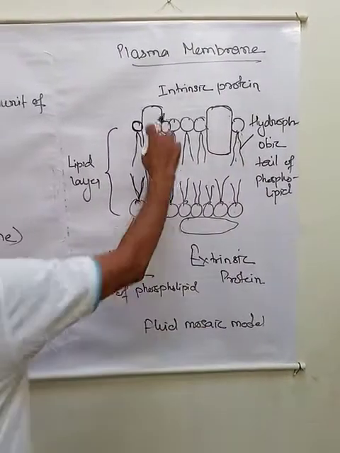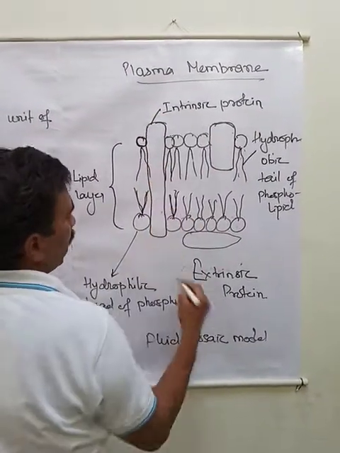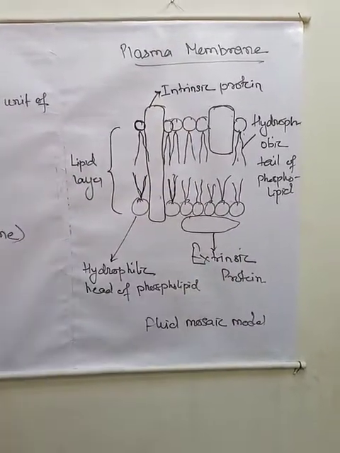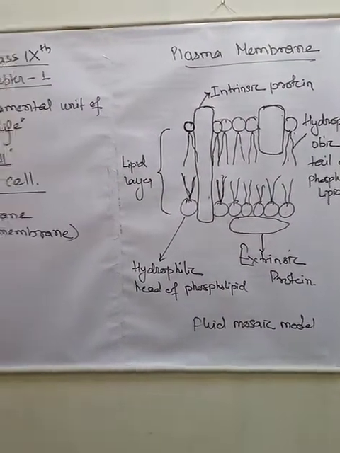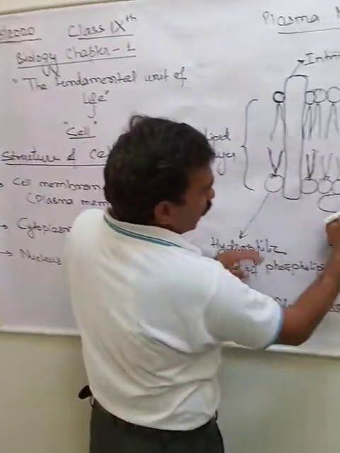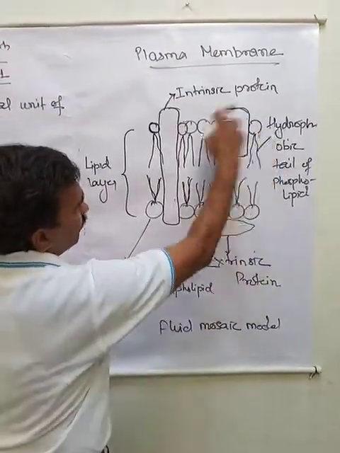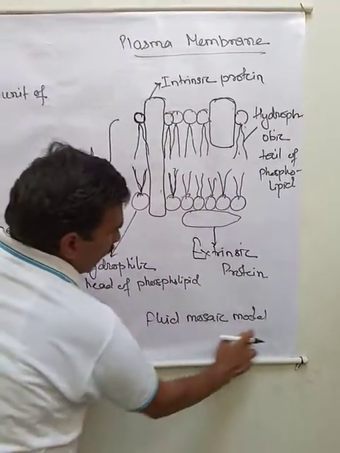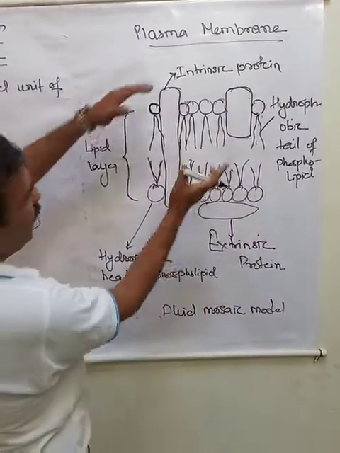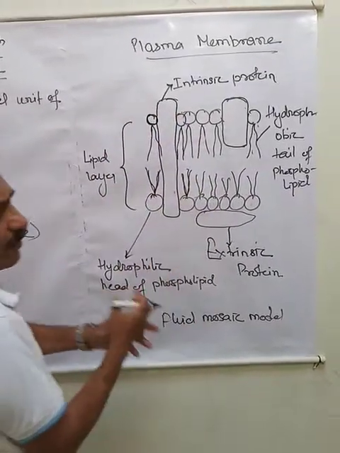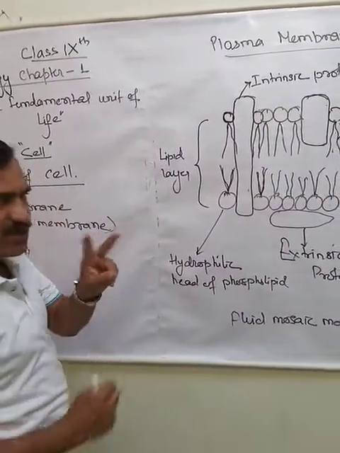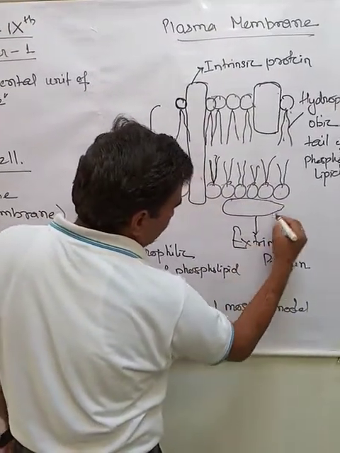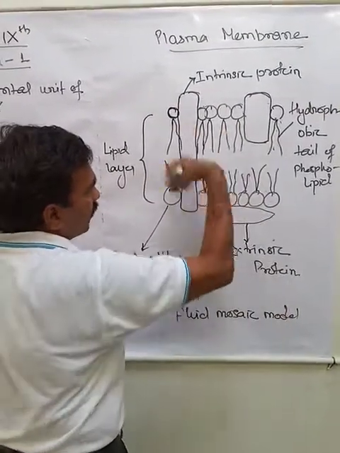Right? These are protein molecules. Now you can see different types of protein molecules. This is called the fluid mosaic model, and it is also called lipid bilayer. Bilayer means two layers. Some protein molecules are outside the layer.